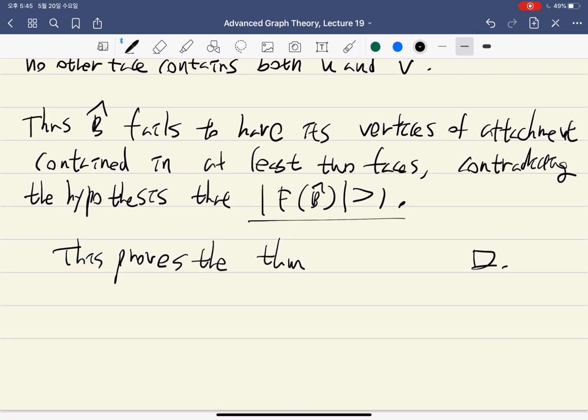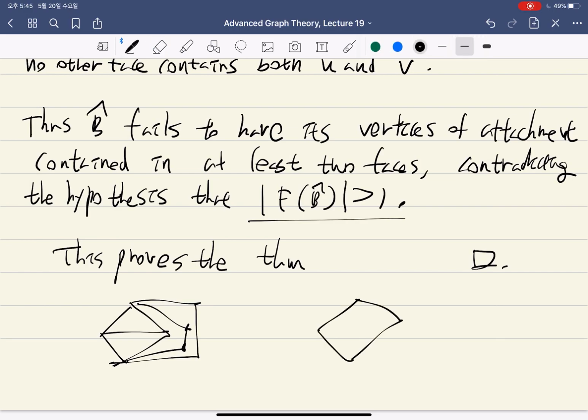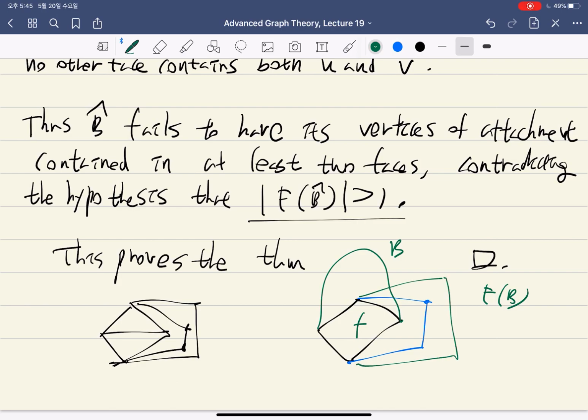So this shows that before we have this embedding, once we have an embedding of this cycle, and then we decide to embed it here, now you see that for this fragment B, its F_B is only here. You cannot embed outside. While for this fragment, it still has two choices, either here or here.